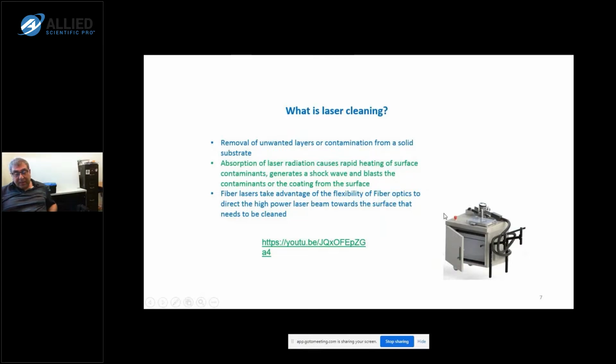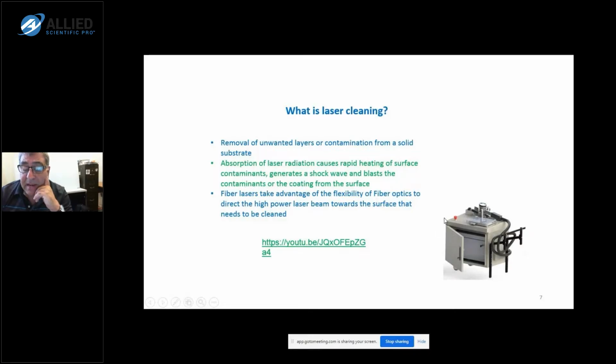So now let's go back again to laser cleaning, which is a subset of laser ablation. So absorption of a laser radiation causes rapid heating of the surface, and that in turn generates a shock wave, blasts the contaminants or the coatings from the surface. So here you can see our 100-watt laser system.